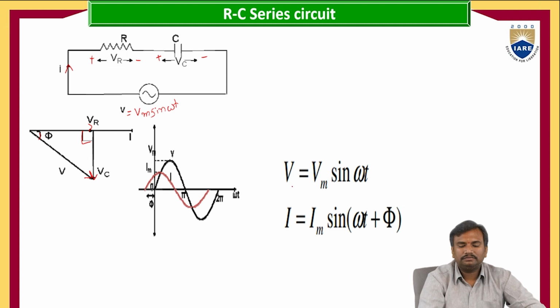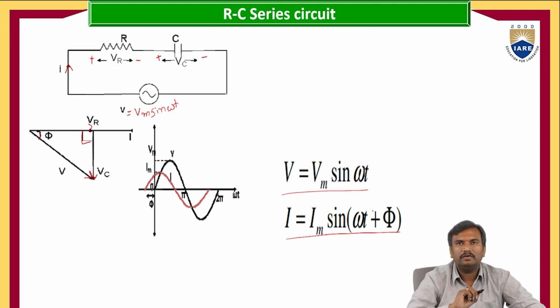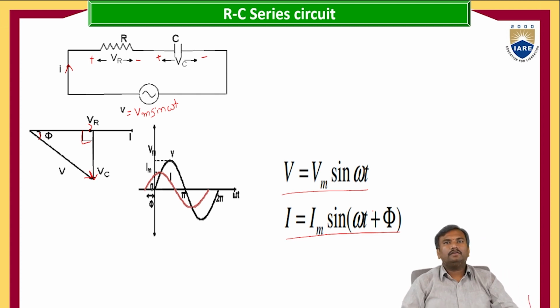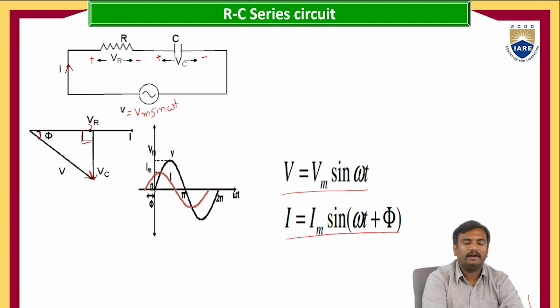So here the current will be leading the voltage by an angle of phi. I is starting before the voltage's zero point. The zero point of the current will be starting before the voltage starting point.